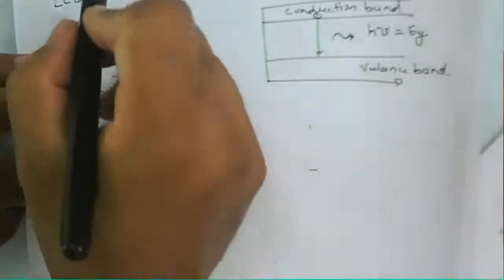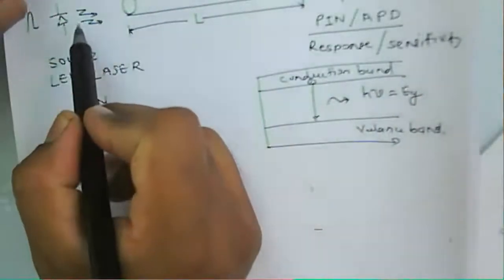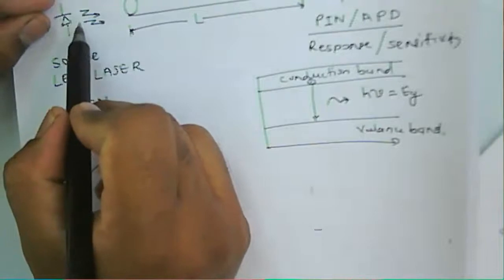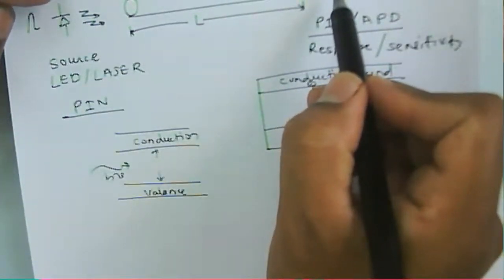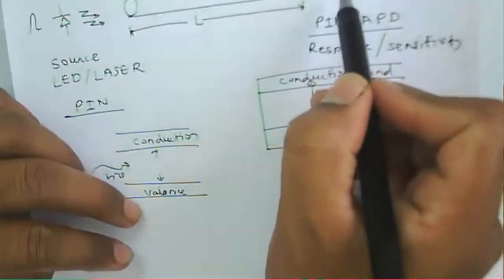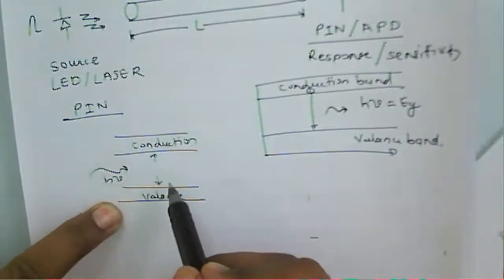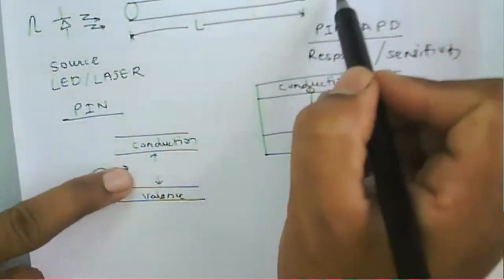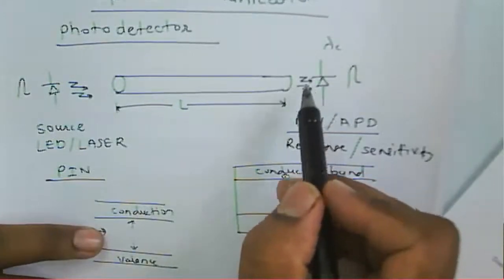Now, as we say that for a source the active region is very small, similarly for the detector, the active region, where photons fall and the reaction takes place, is very small.